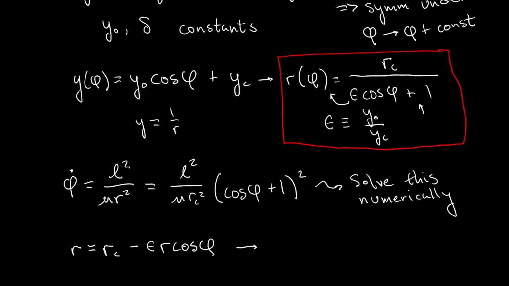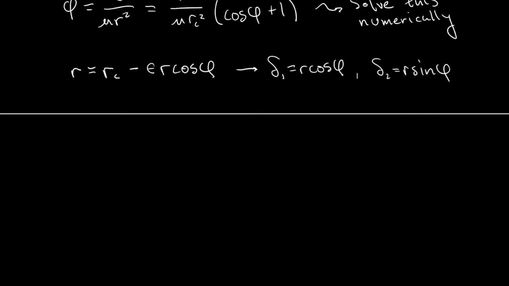And so now I'm going to shift back to my Cartesian coordinates, which, just to remind you, are delta 1 equals r cosine phi and delta 2 equals r sine phi. And I plug these in, and I get something like delta 1 squared plus delta 2 squared equals rc minus epsilon delta 1.